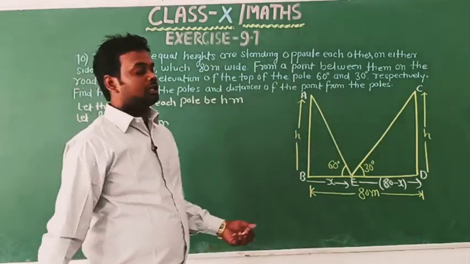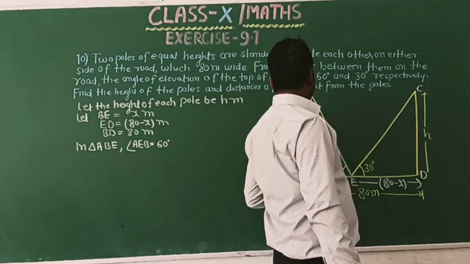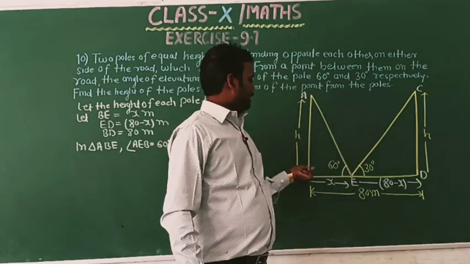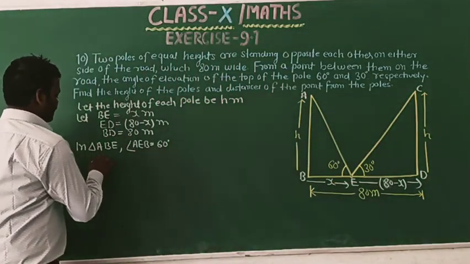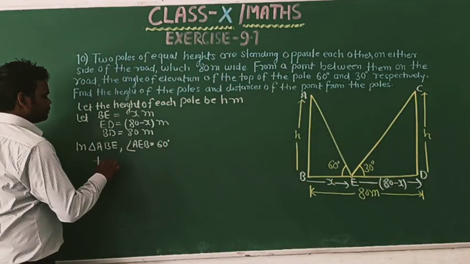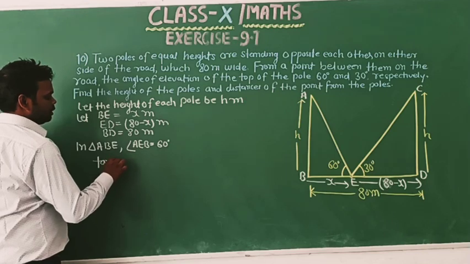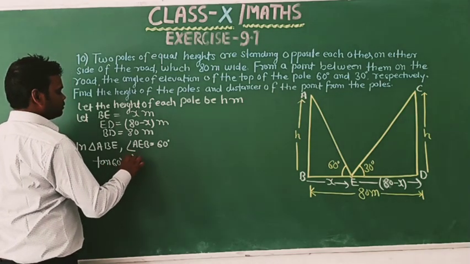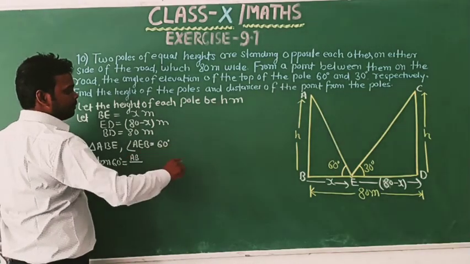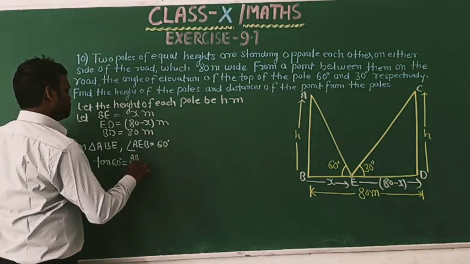So now using the tan trigonometric ratio, which is perpendicular upon base, tan 60 degree equal to AB by BE.